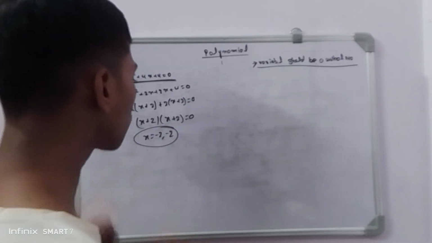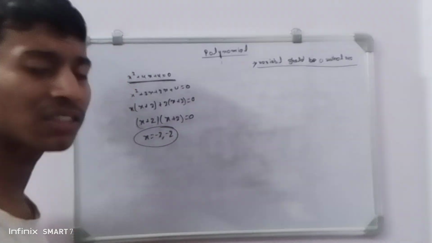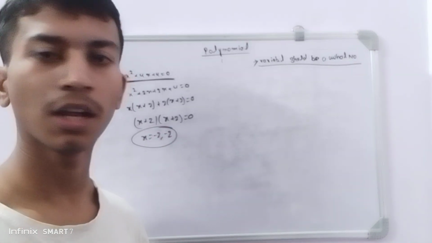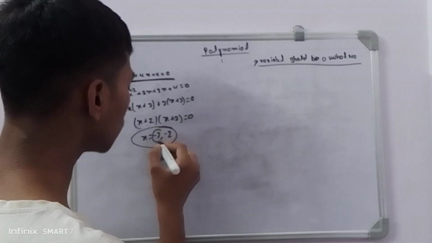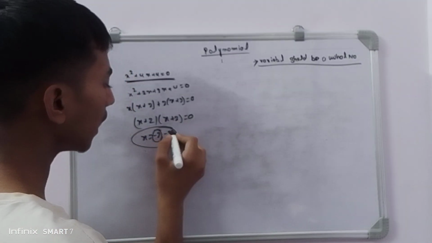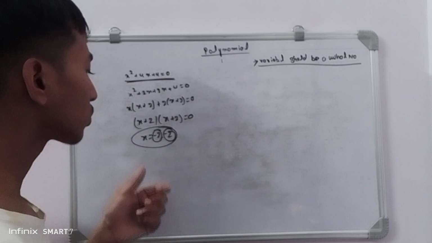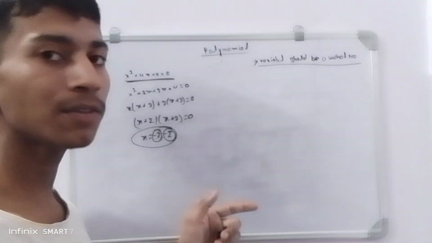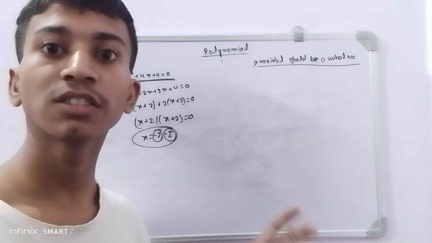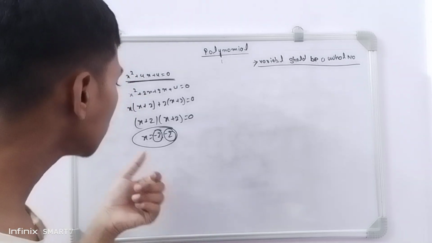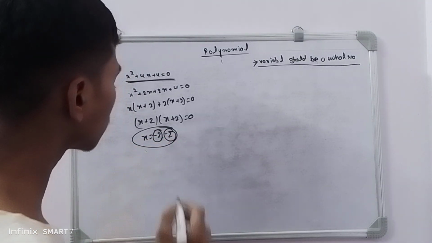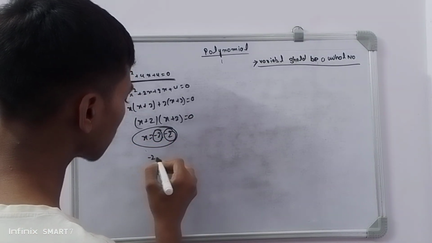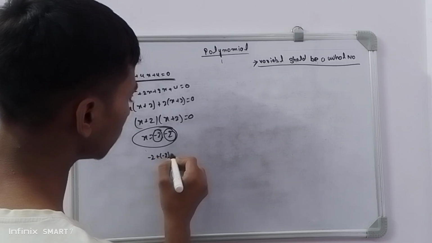So you get two zeros: one is minus 2 and another is also minus 2. If I ask the sum of the zeros, that means the sum of minus 2 and minus 2, which is minus 4.